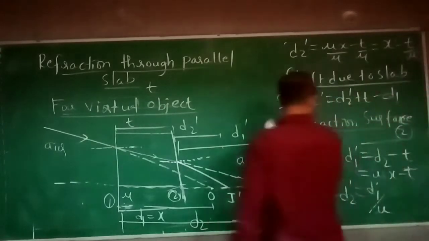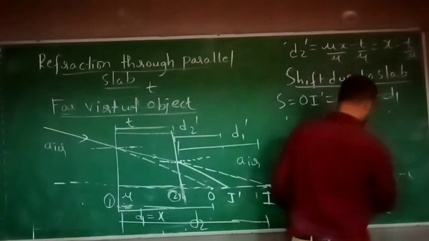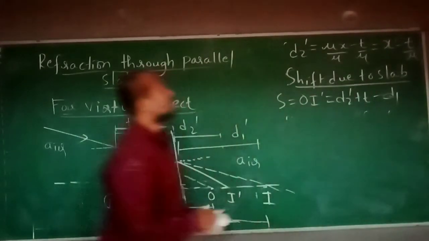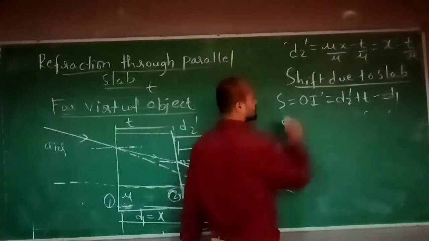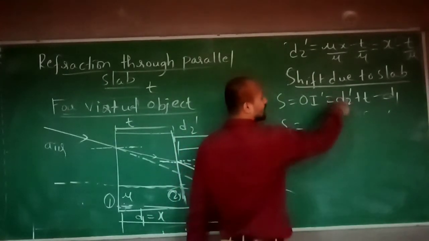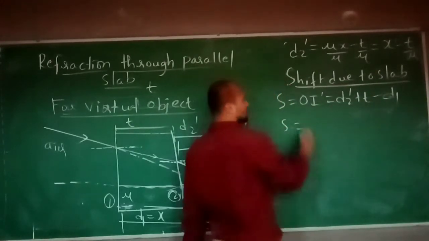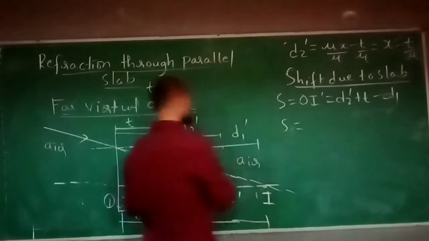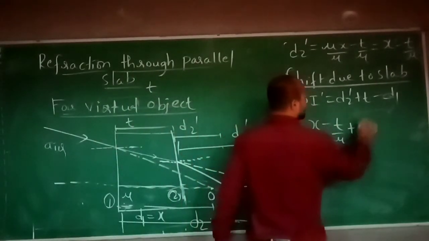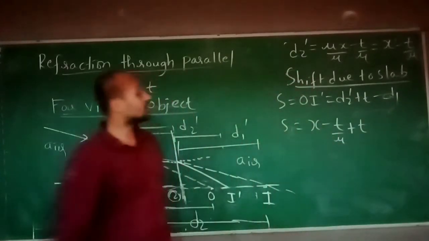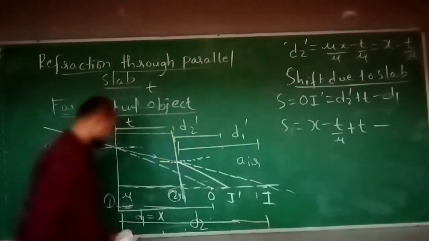Let me find that. So what is that? Yes, total shift will happen. How much? D2 dash plus T minus D1, I said. What is the value of D2 dash? D2 dash is x minus T by mu plus T. So x minus T by mu plus T minus D1. What is D1?